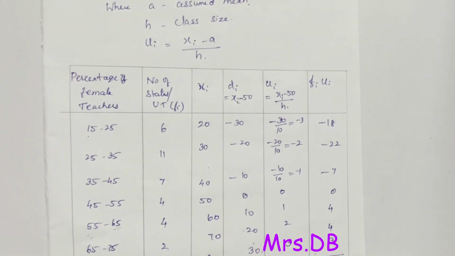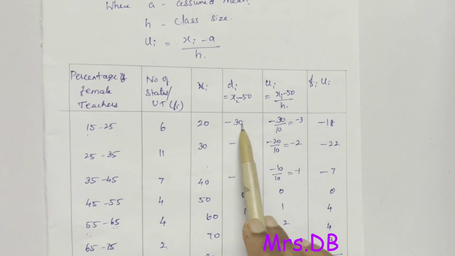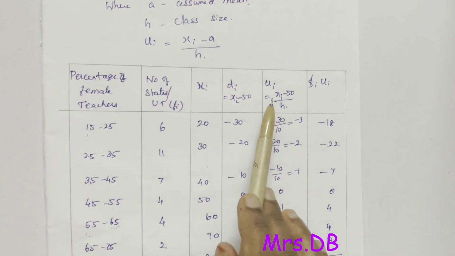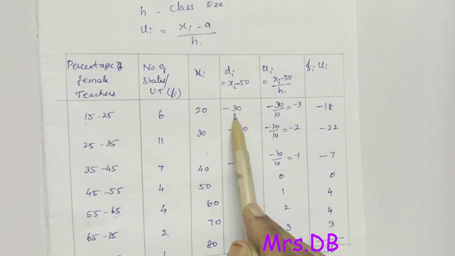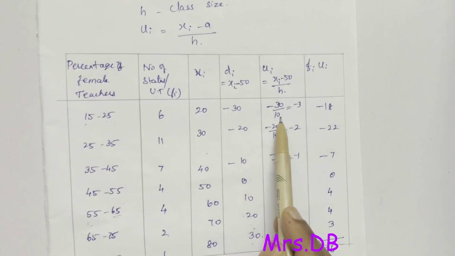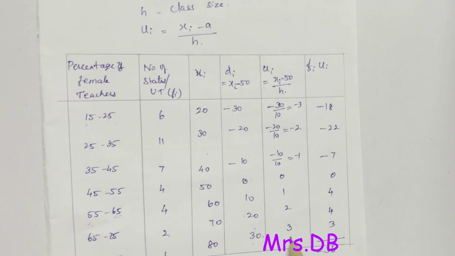If the class sizes are different, we can go with a common divisor for these di. Okay, here it is 10. The class size is 10 and the common divisor for di is also 10. So we are dividing di by 10. ui means xi minus a by h. So we are dividing this number by h, by 10. So we have divided here and written the answer.